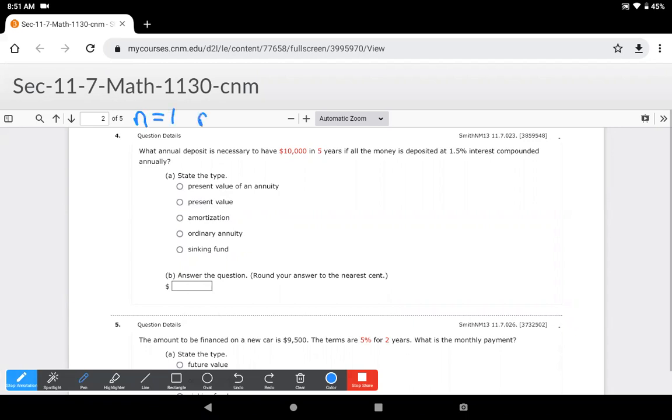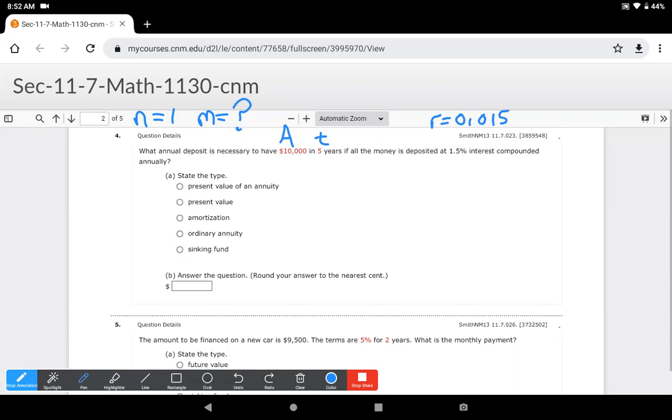They're also saying we don't know what you're depositing, right? So they want to know M. To have a necessary future amount of 10,000 in 5 years, if all of the money is deposited at a rate of 1.5% interest compounded annually, right?